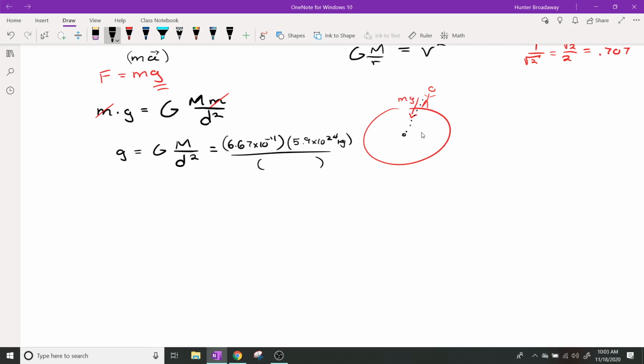Maybe I've got it over here. Let's see, 6.37 times 10 to the 6th, squared. If you plug in all of those values, I bet you get 9.8 meters per second squared for the acceleration. Try it. Plug them in. See what you get.